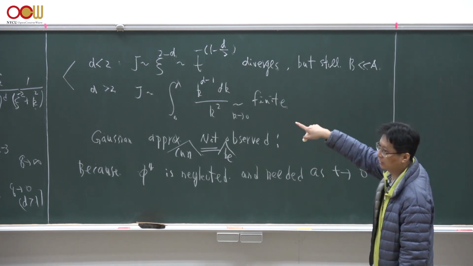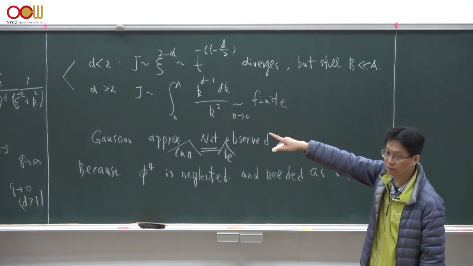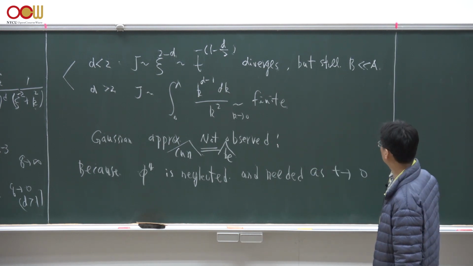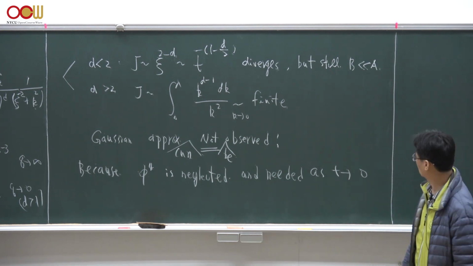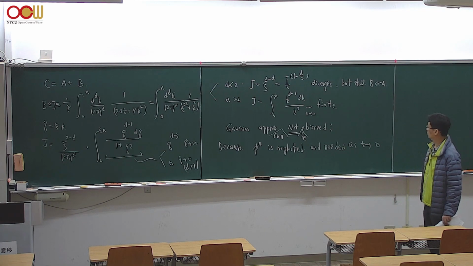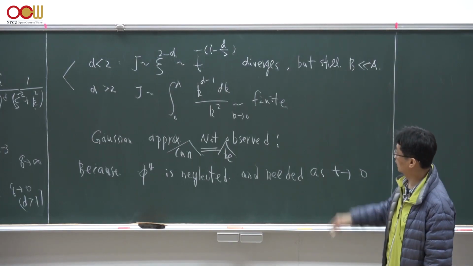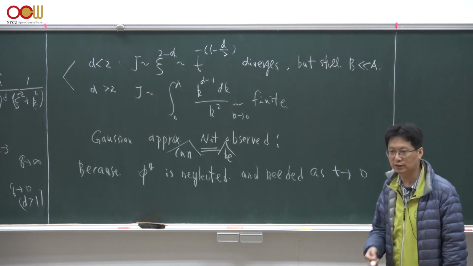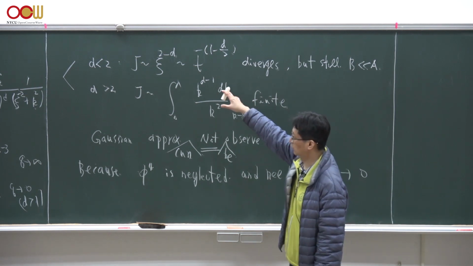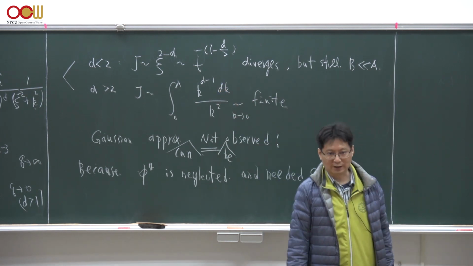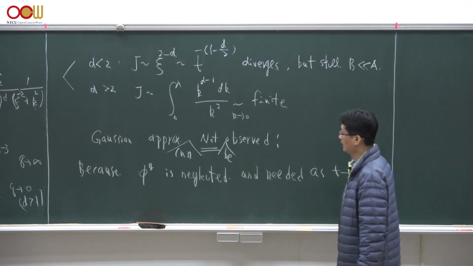But if you do the power counting of this divergence in j compared to the divergence of this a integral, you see that this is still negligible compared to the leading divergence of this a integral. So even though this integral b diverges when dimension is less than 2, we can still neglect it because this divergent power is much less severe than the divergence of this integral a.